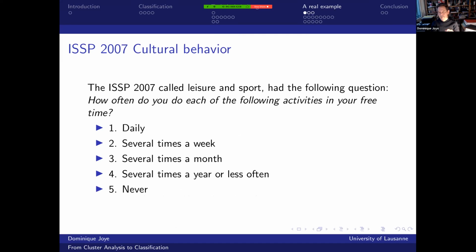From a theoretical point of view, I can say, okay, probably yes, because I will have very active people and not active people, or people with highbrow activities like books and concerts, and others more in relation with others, some more linked to relatives, some more linked to friends. So probably I have some groups that I can find from this data.